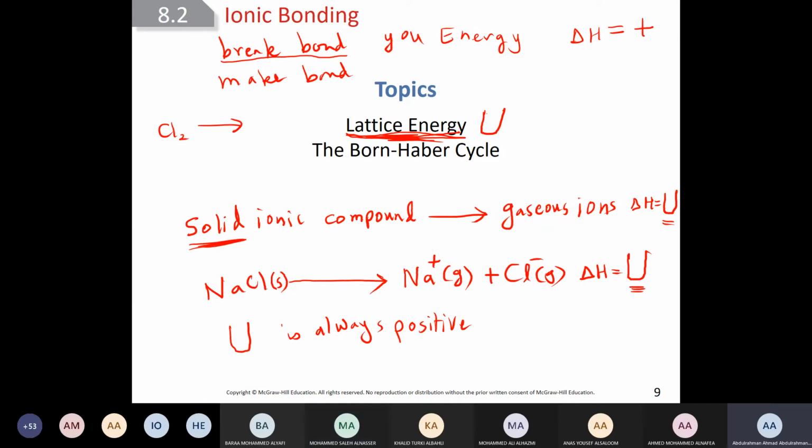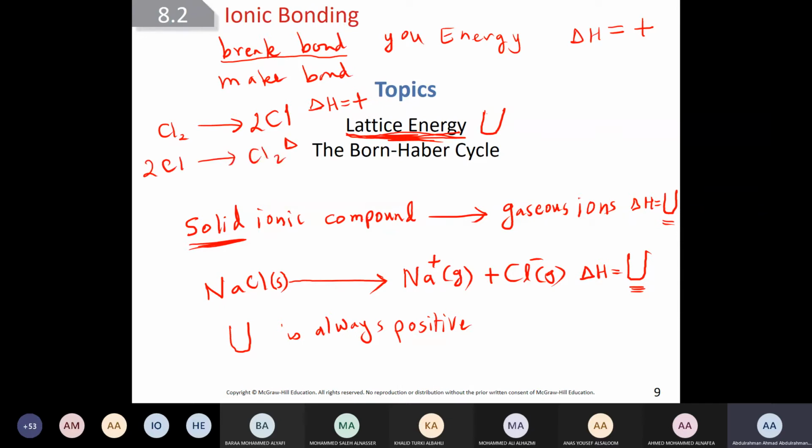Cl2 goes to 2Cl. Is delta H going to be positive or negative? Always positive. On the other hand, 2Cl goes to Cl2.